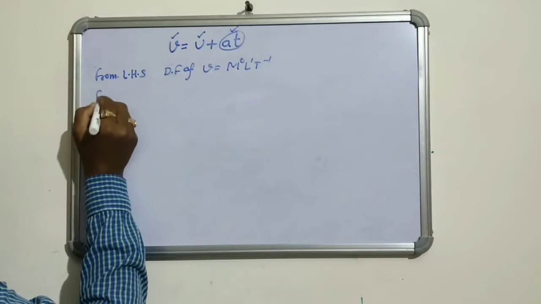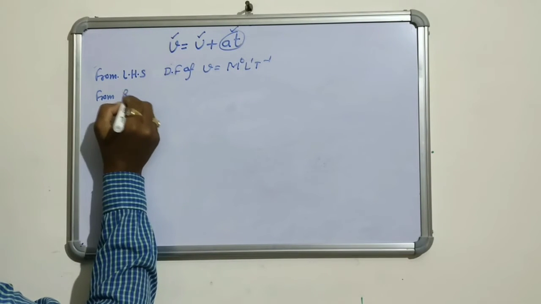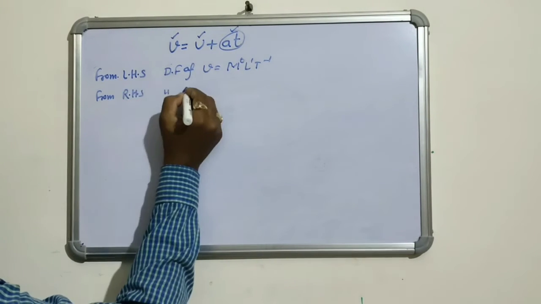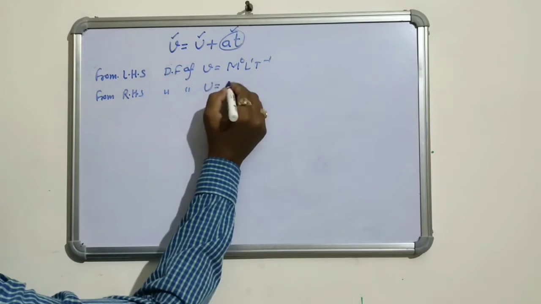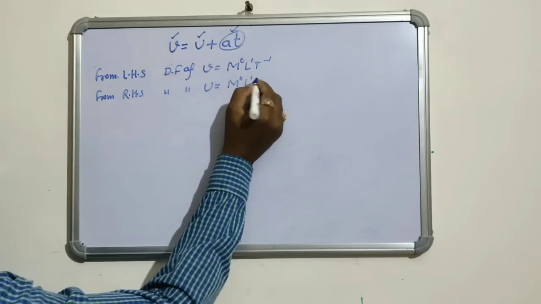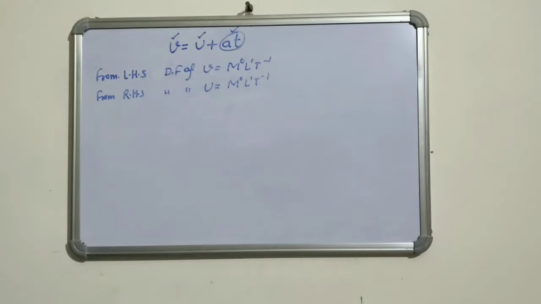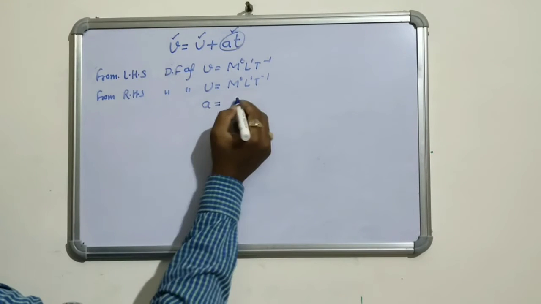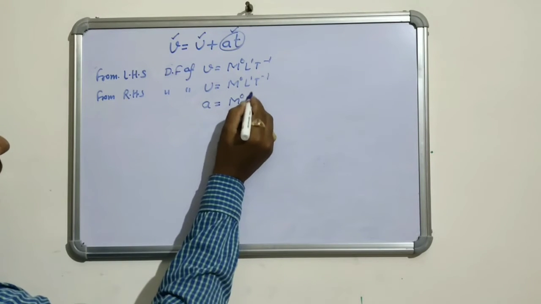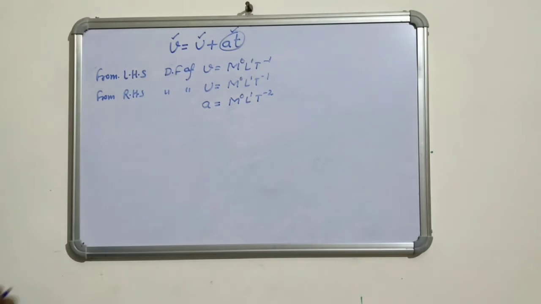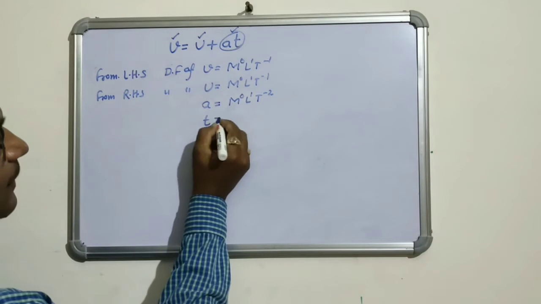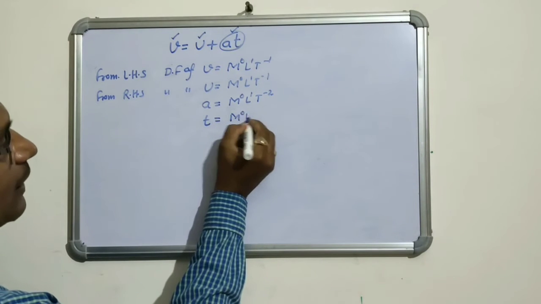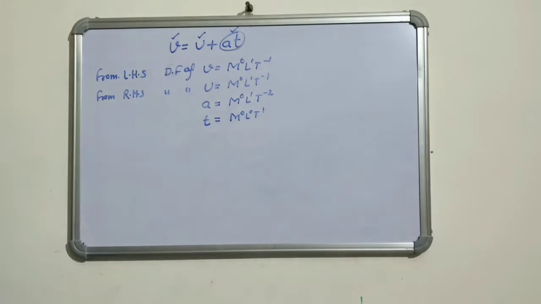From the RHS, U is the initial velocity, M0 L1 T minus 1, the dimensional formula of acceleration A is M0 L1 T minus 2, and the dimensional formula of time T is M0 L0 T1.